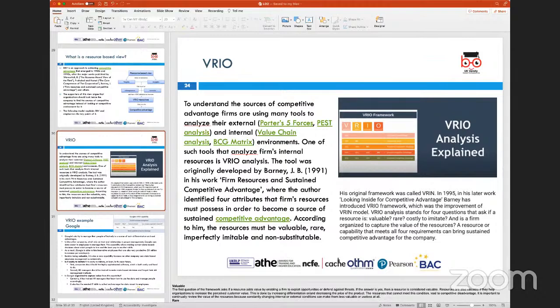This framework takes into account the heterogeneous and immobile resources as a competitive strategy, and then allows the company to come up with a long-term view of how they would go to market.